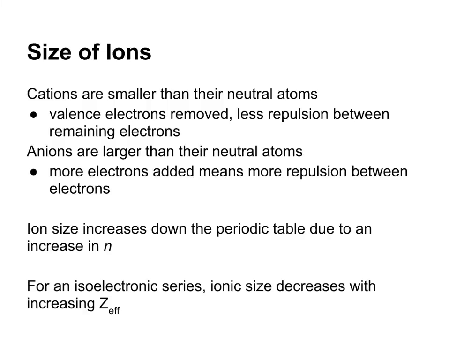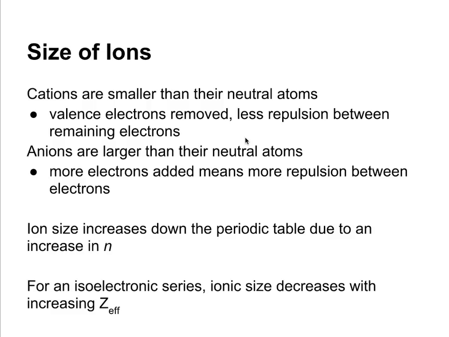Ion size increases down the periodic table due to an increase in principal energy level. There's more energy levels as you go down the periodic table. We have to have more energy levels to put these increasing numbers of electrons. And for an isoelectronic series, isoelectronic means different atoms or ions that have the same electron configuration.